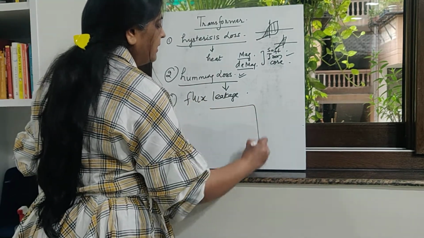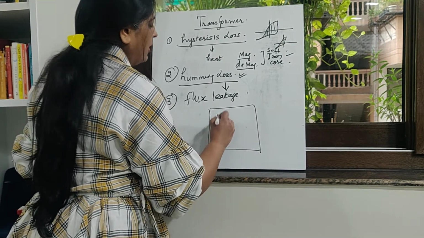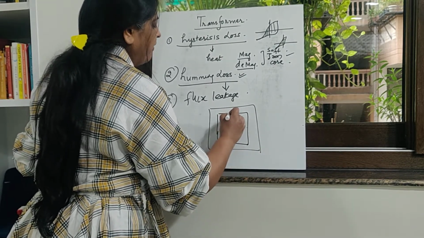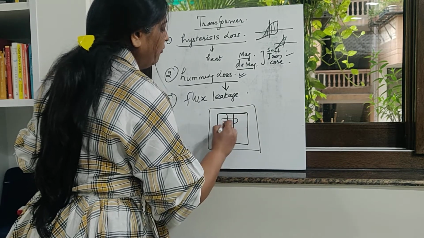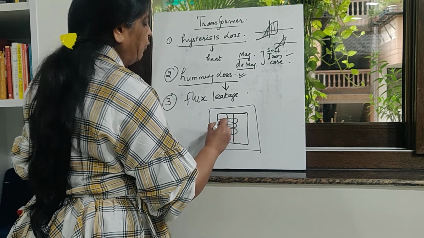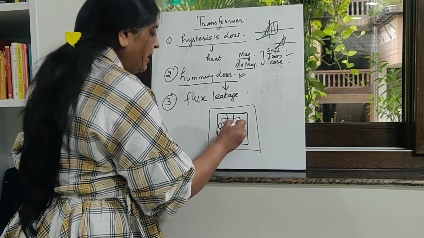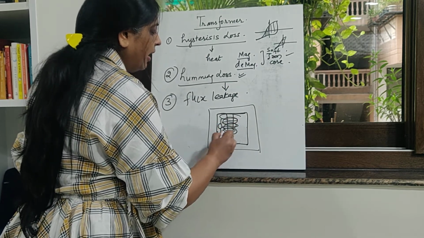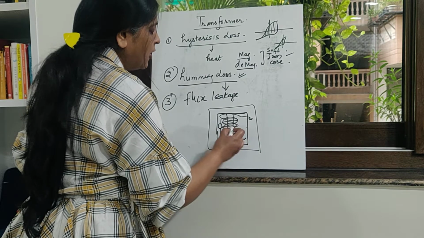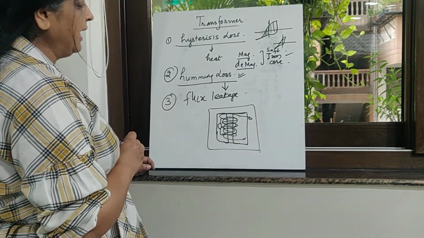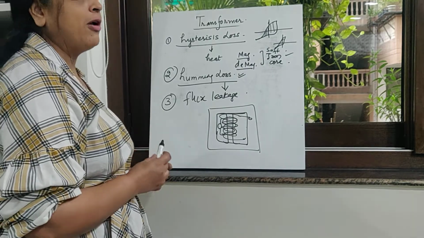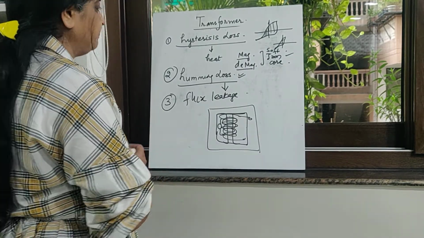If this is the core, we can divide it like this, wind one wire like this for the input, and the other above it for the output, so that all the flux changes that are happening in the primary get linked with the secondary. So this is what we can do for avoiding the flux leakage.